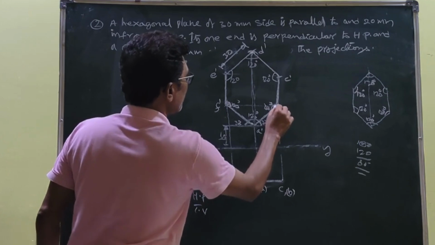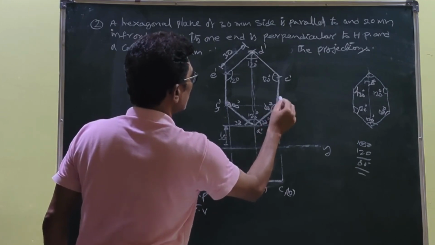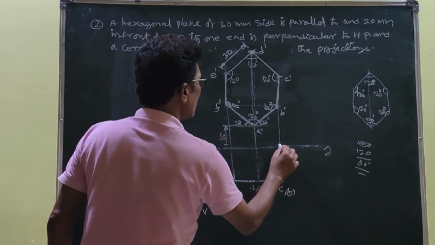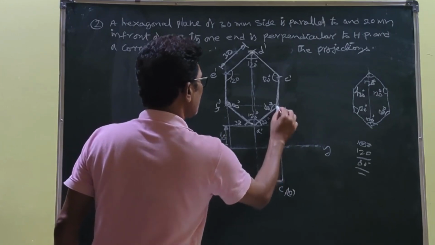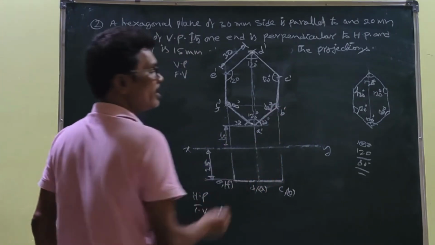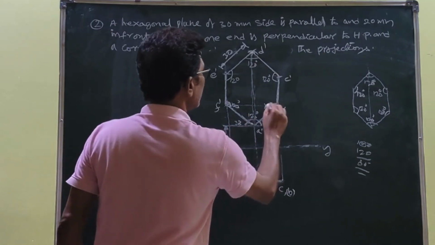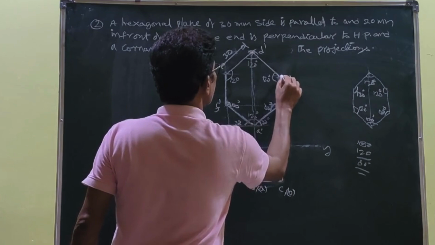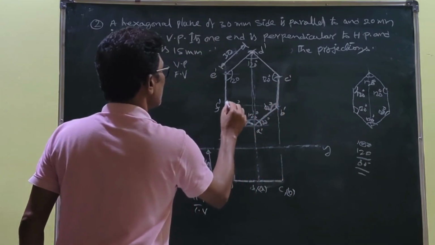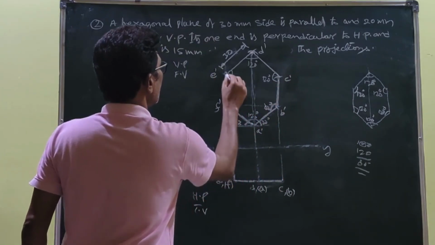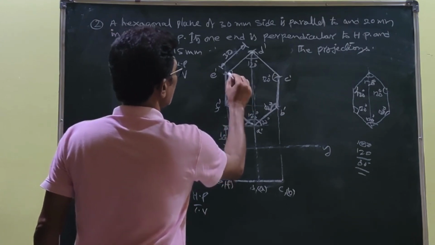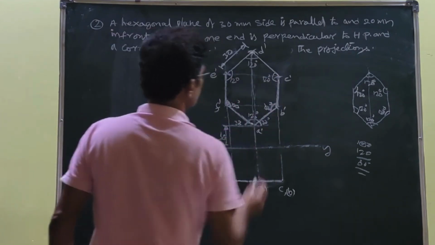You can get automatically they are in the same line. Here you set up 120 degrees, or otherwise you draw a perpendicular to XY, automatically you can get 120 degrees in this position. You draw a line, you cut it 30, here also you set up 120, you draw a line, you cut it 30. Obviously they are also in the same line.